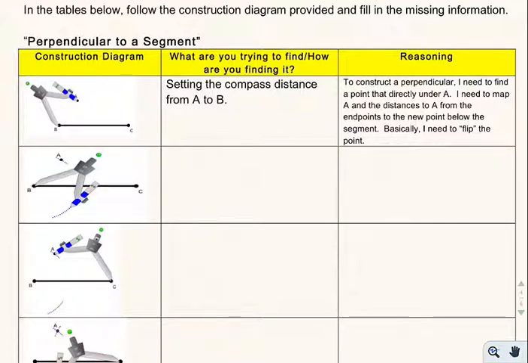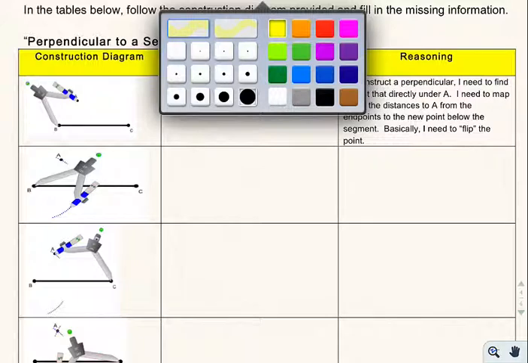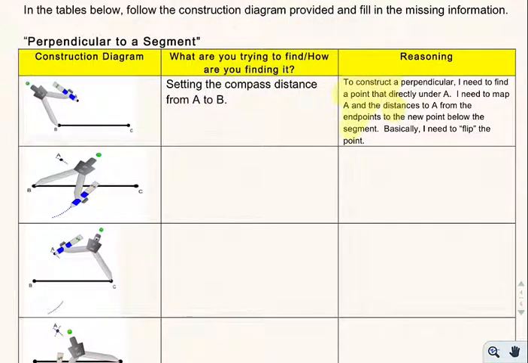The reason I'm doing that is that to construct a perpendicular, I need to find a point directly under A, which makes sense because if it's directly under A, then it has to be perpendicular. I need to map A, and the distance is 2A from the endpoints to this new point in the segment below.